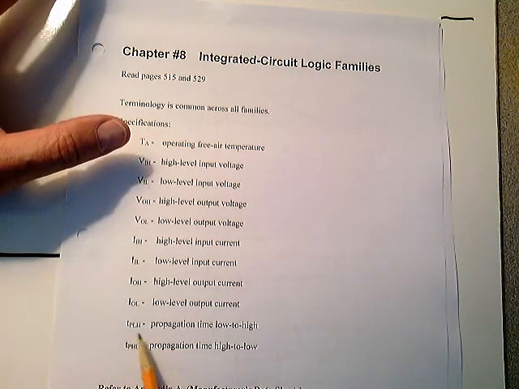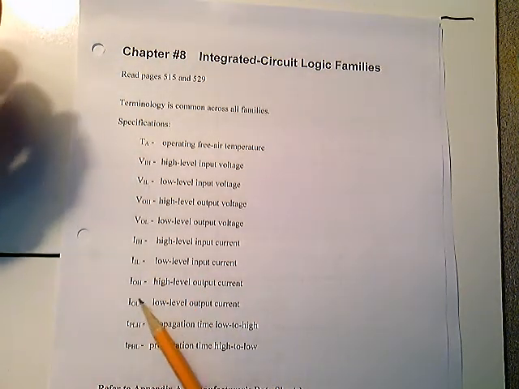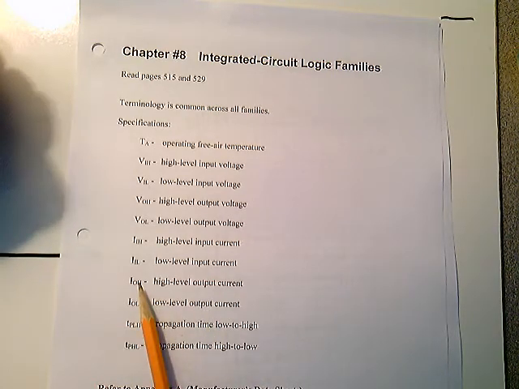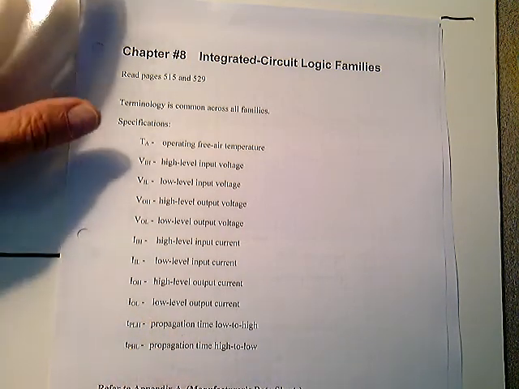You read those from left to right, and there's no real reason why or why not, but they had the convention right to left up here and left to right down here. Could never explain that, but propagation time low to high, propagation time high to low. These are read from left to right, but when you talk about voltages and currents, it's from right to left.